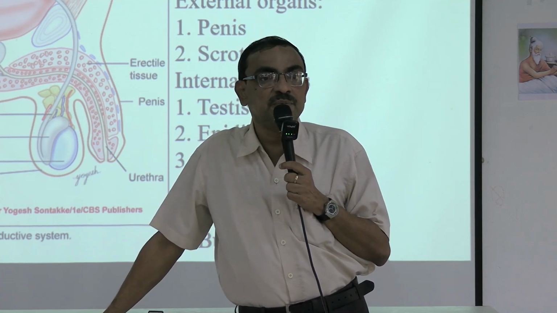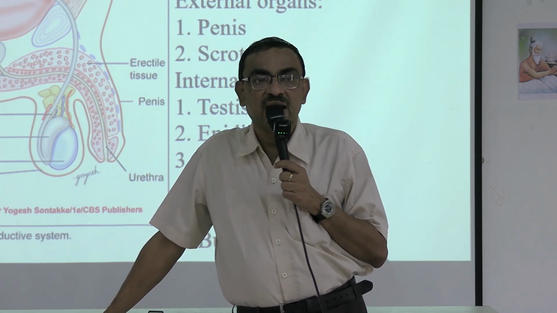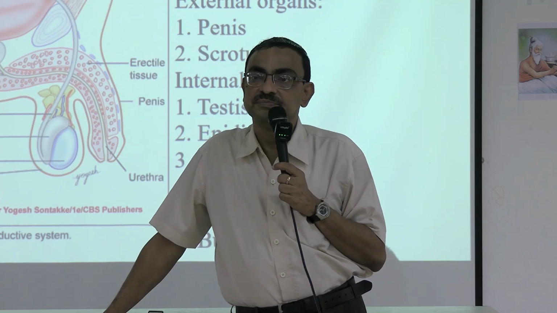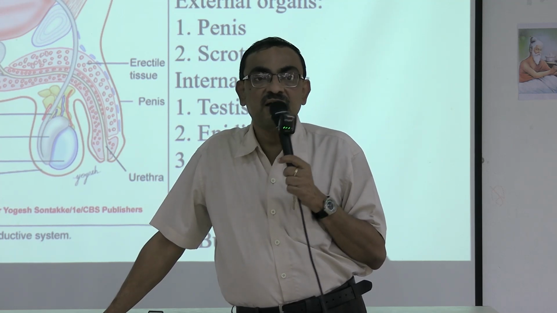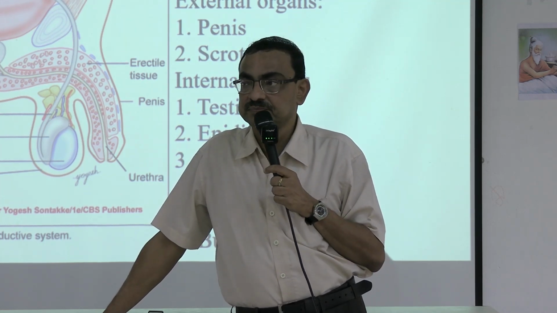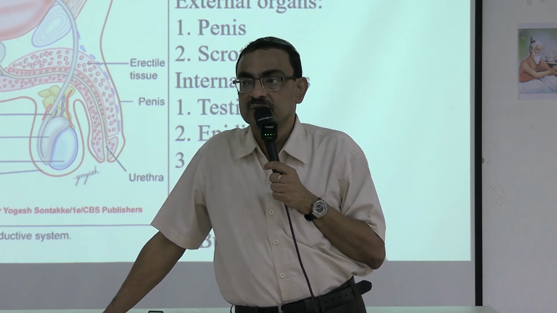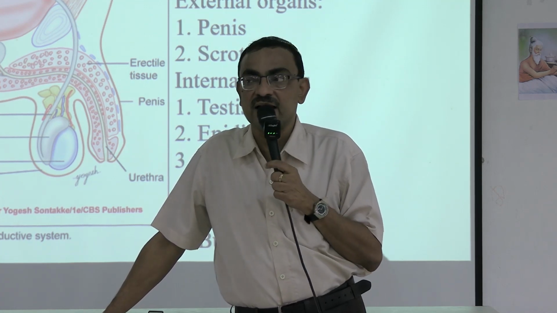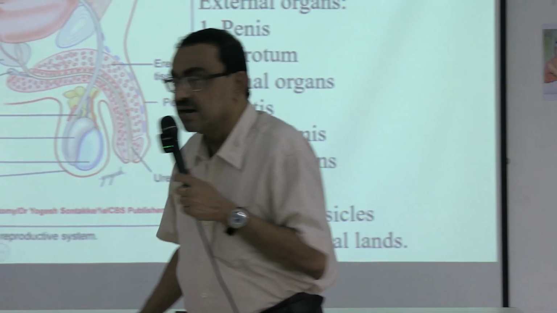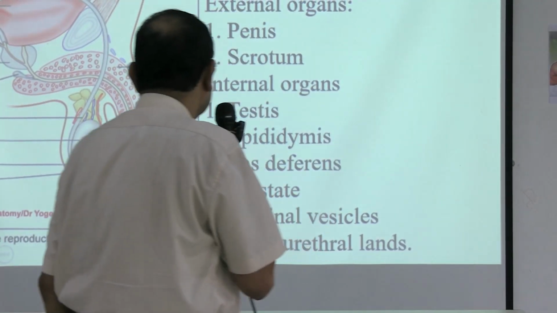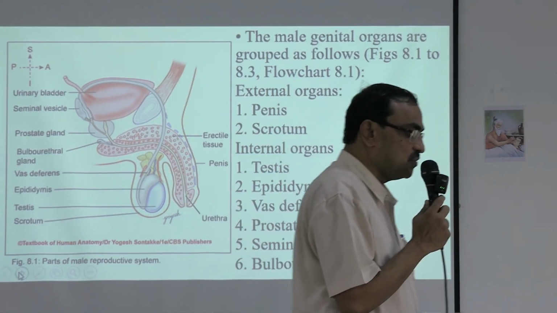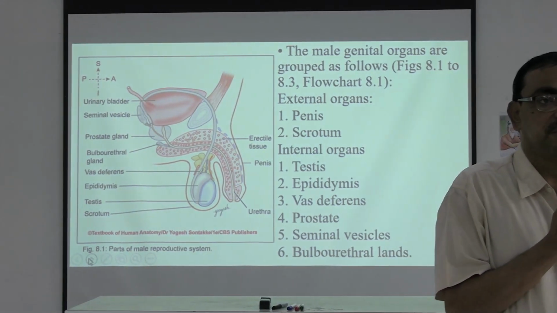They are internally placed, like prostate gland, like vas deferens, like seminal vesicles, bulbourethral glands. They are the other organs which are present.